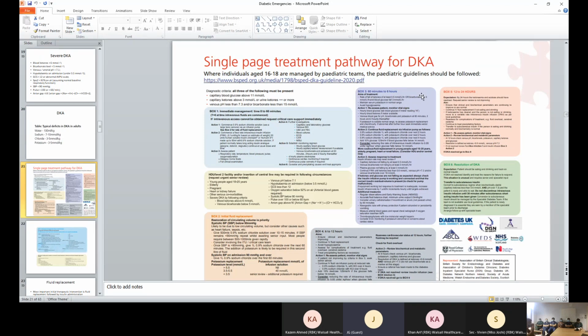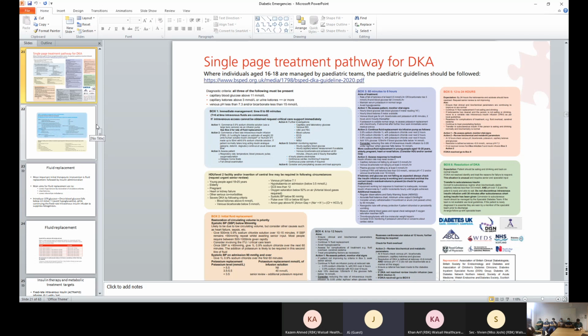It's a very busy slide, but I want to make it simple, so I would say there are 5 steps in managing DKA that incorporate everything. It is available on the Diabetes UK or ABCD website, and the link is there, so you can go on there.